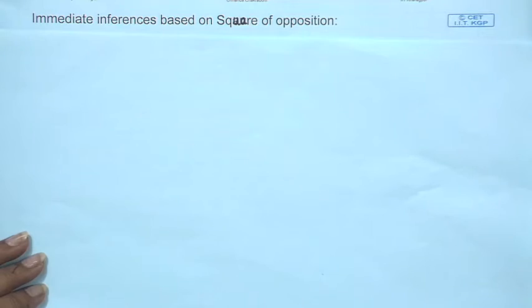What can you tell me about the truth values of the corresponding E, I and O? Did you understand the question? If I tell you that your A is true, what can you tell me about the truth values of the corresponding E, I and O based on what you know about the square of opposition?